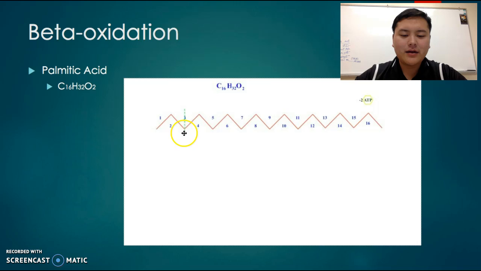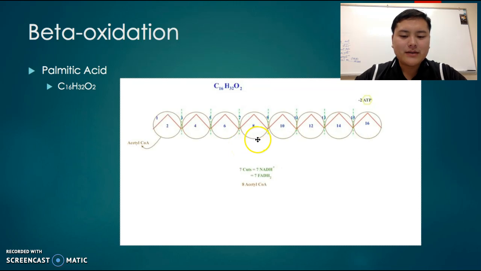So I make a cut here. I'm going to make a cut here. Cut here. Eventually, all the way down, I get pairs. So just like that. So I make 7 cuts. And those 7 cuts end up becoming 7 NADHs and 7 FADHs. So now what I want to do is just pair these guys up.